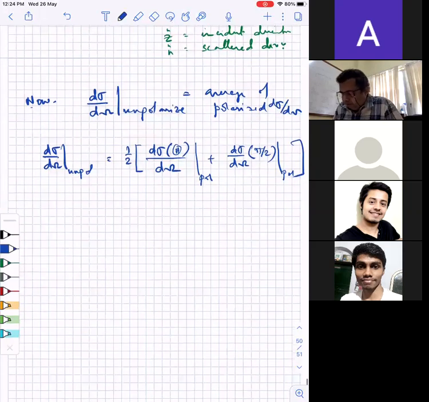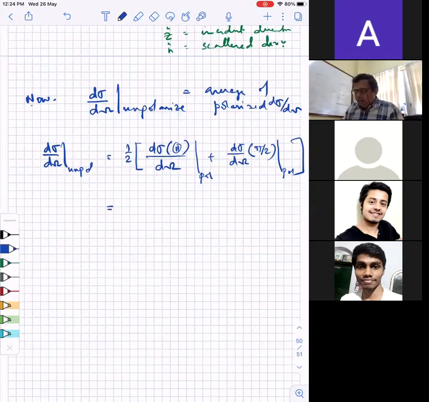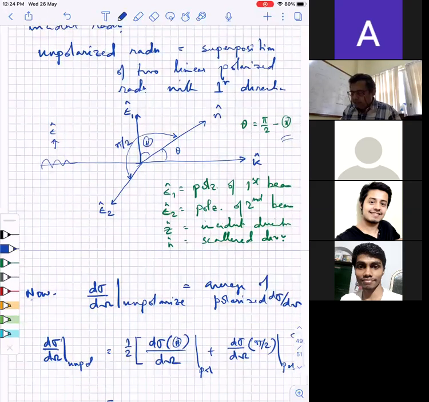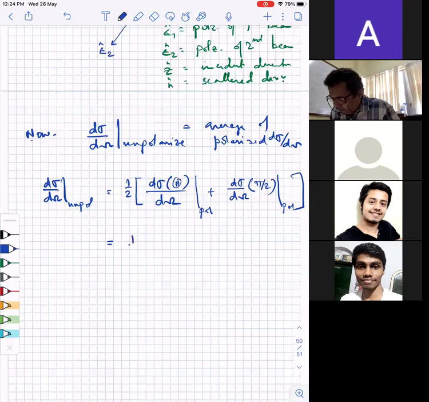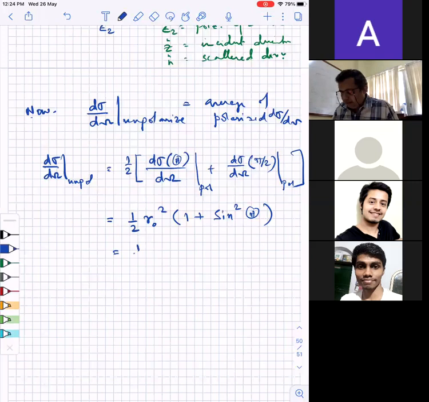So I can write this down in terms of the small theta, which is the angle between the incident and the scattered direction. This is basically half r0 squared, 1 plus sine squared capital theta, and this is basically then half r0 squared, 1 plus cos squared theta.